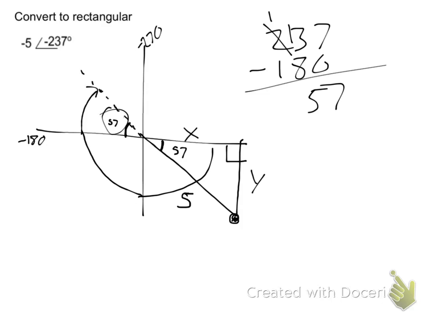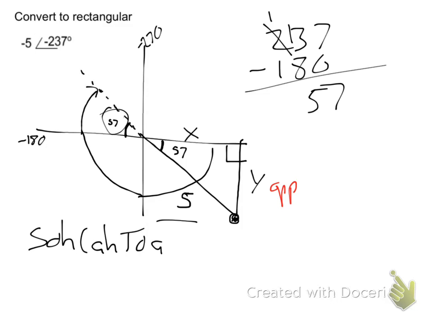That's theta. Now, look at this, guys. I have an angle, and I have the hypotenuse. If I was to use SOHCAHTOA, TOA would need opposite and adjacent. And according to 57 degrees, y is the opposite, x is the adjacent.